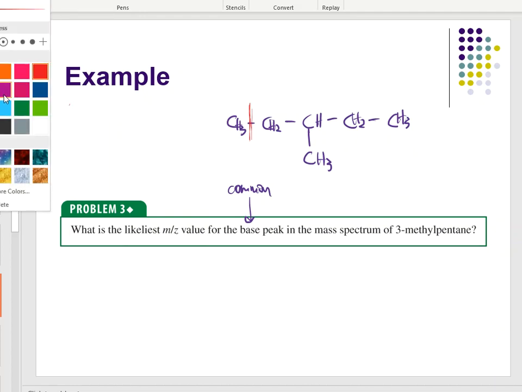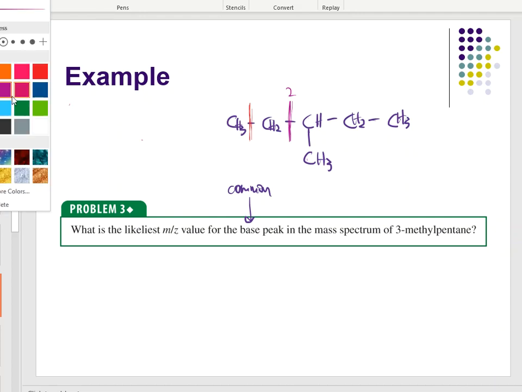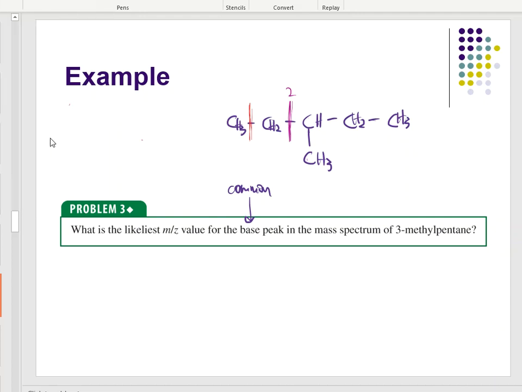All right, my next option is that I can cleave it here. This is option number 2. I get a 2-carbon piece to the left, and I get a 1, 2, 3, 4-carbon piece to the right. All right, my next option, I could cleave it here.